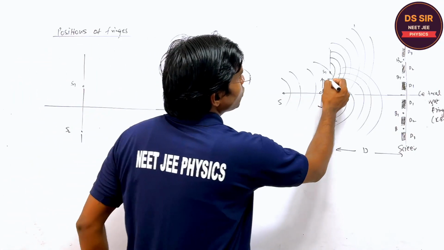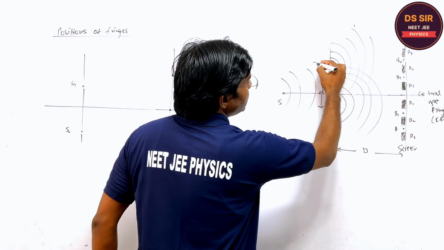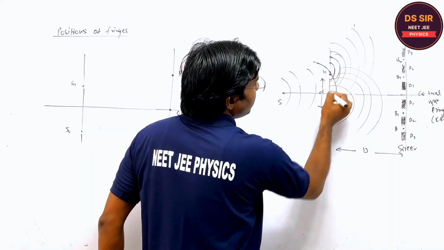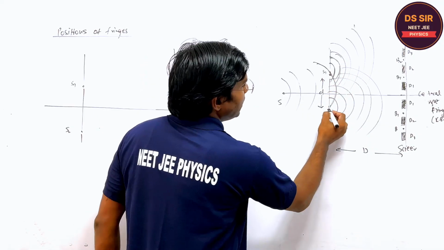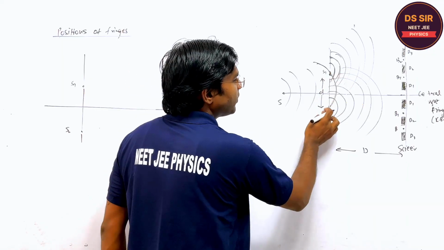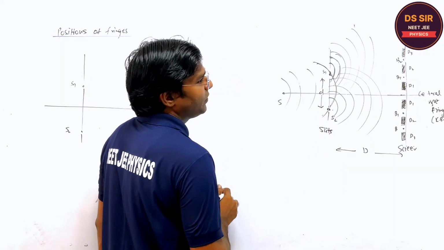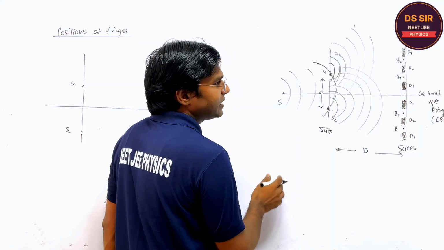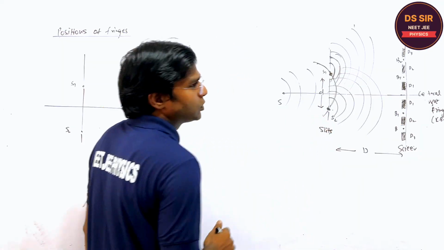Why are these coherent sources? Because S1 and S2 act as secondary wavelets according to Huygens principle, and they are on the same wavefront, and the same wavefront means they are in the same phase. That is why these two point sources act as coherent sources.